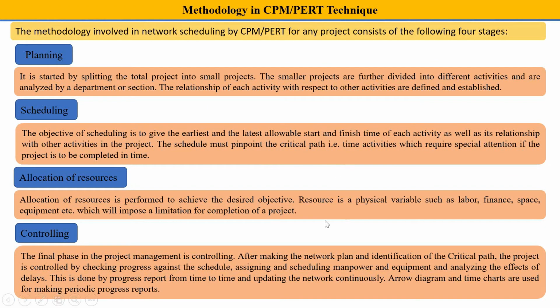After making the network plan and identifying the critical path, the project is controlled by checking progress against the schedule, assigning and scheduling manpower and equipment, and analyzing the effects of delays. This is done by progress reports from time to time, updating the network continuously. Arrow diagrams and time charts are used for making periodic progress.